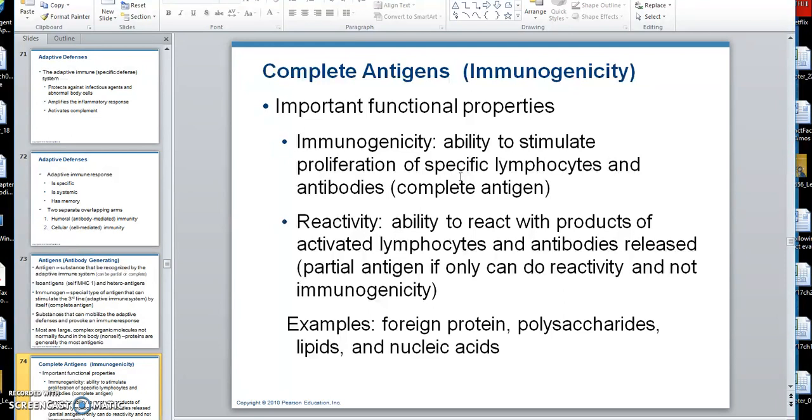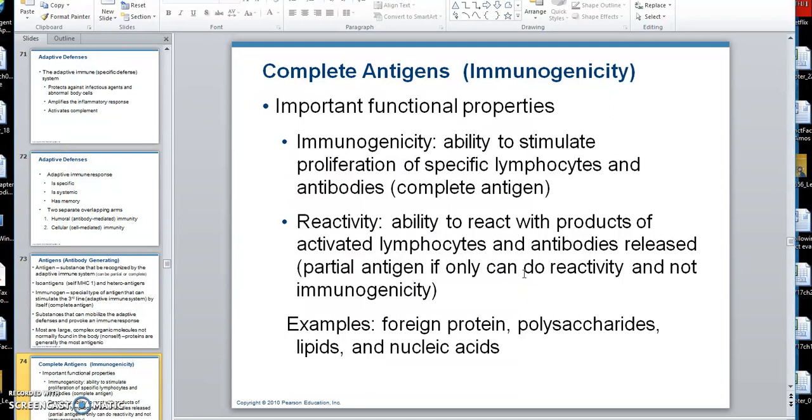It's big enough, and once the fighters are created, then the fighters will go after the thing. That means reactivity. So immunogenicity and reactivity. A complete antigen, because of its molecular size, has both: create the fighters and go after it. Okay?